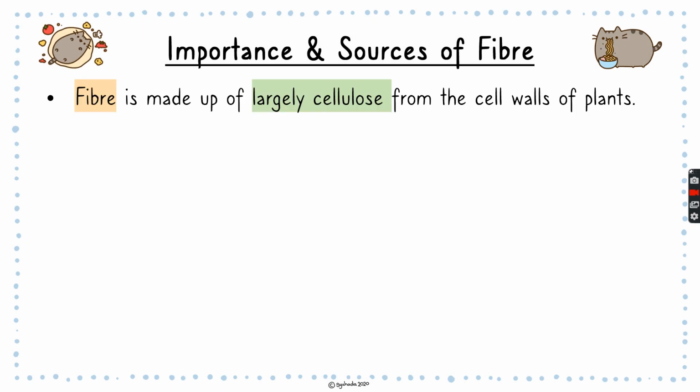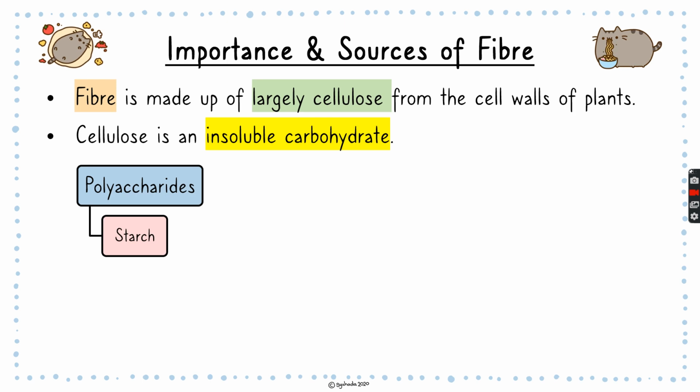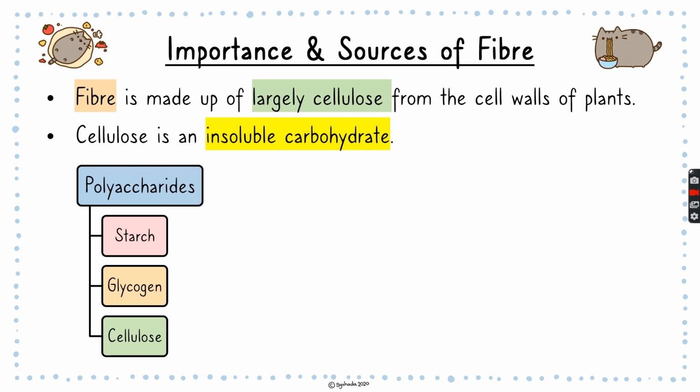Fiber or roughage is made up largely of cellulose from cell walls of plants. Cellulose is a polysaccharide, and it is an insoluble carbohydrate. This means that it does not dissolve in water. Remember that polysaccharides are divided into three.